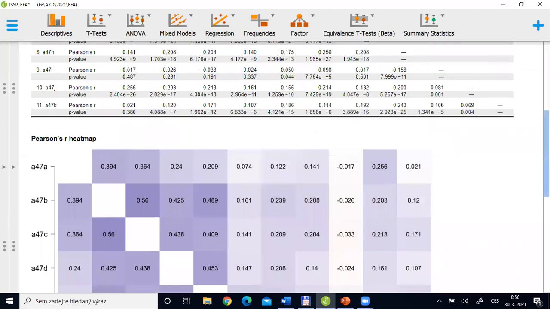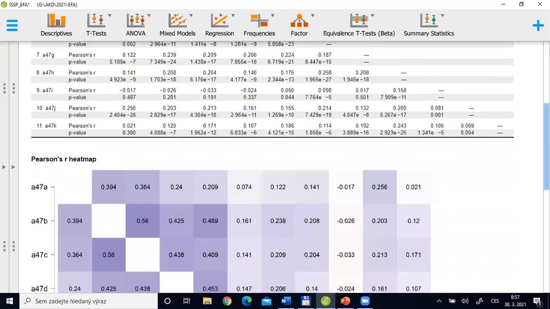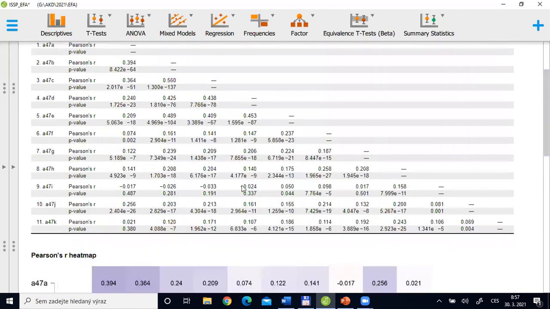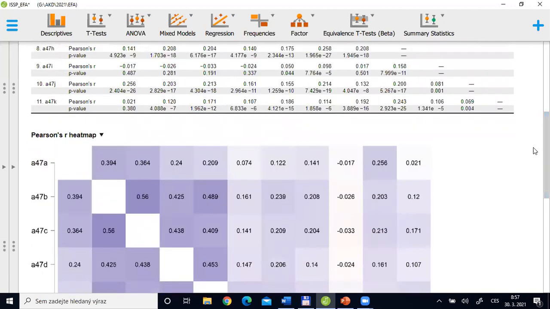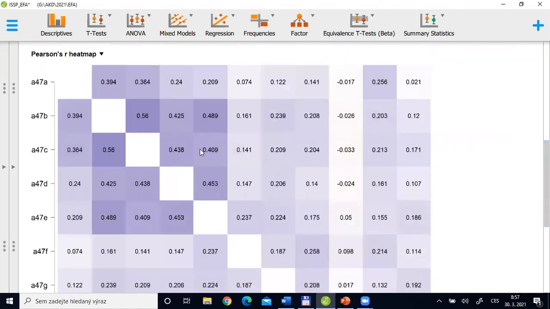And it is the correlation matrix, so the figures that are here, it means Pearson's correlations, can be found in this heatmap. We can check it: 0.394 for the first two variables. And this output is quite nice, as it is graphically differentiated by color. If I remember well, blue colors are for positive correlations and red colors for negative correlations. And if you can see dark colors, it means there is a bigger correlation here.